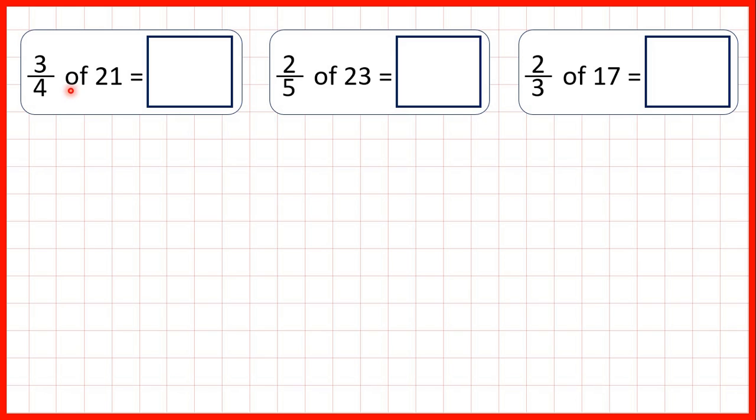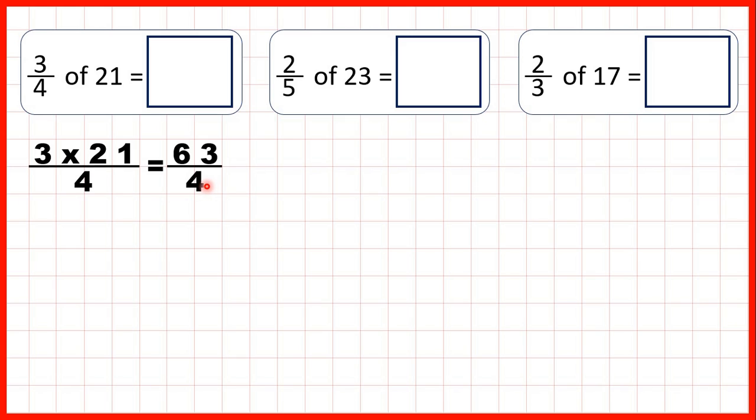To find 3/4 of 21, we can represent that as 3 times 21 over 4. Now 3 times 21 is 63, so we can show 63 over 4 as an improper fraction.